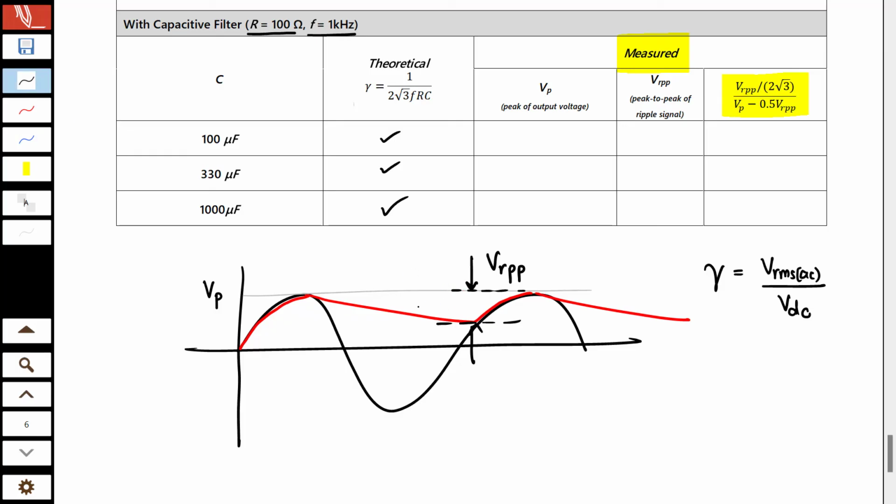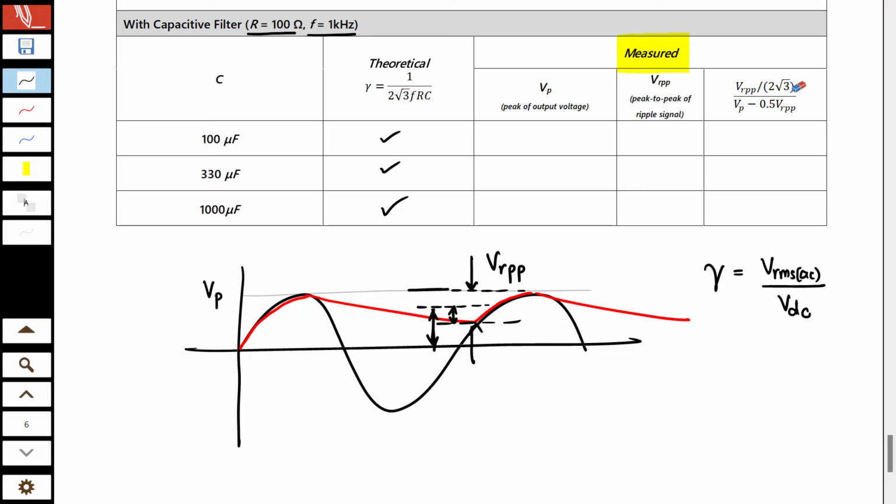What would be this height? This would be nothing but Vp minus half of VRPP. So this is approximated to be the average value of the ripple, which is the denominator. So you get Vp minus half VRPP. And on the numerator, you've got VRPP divided by 2 root 3.